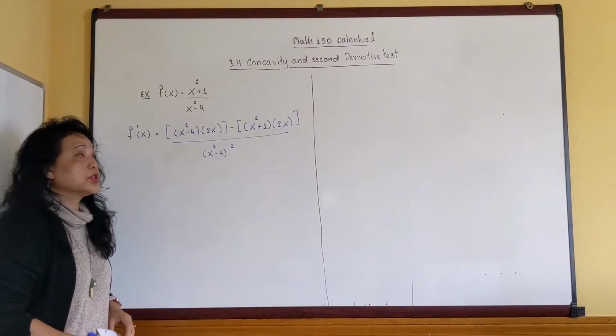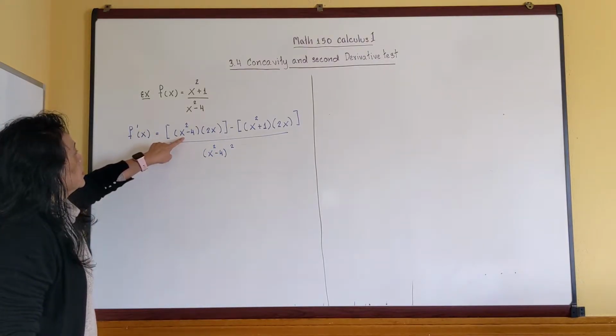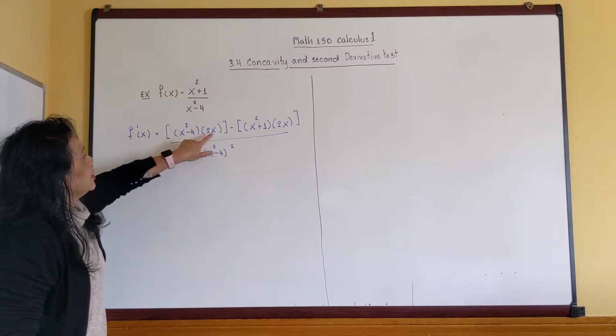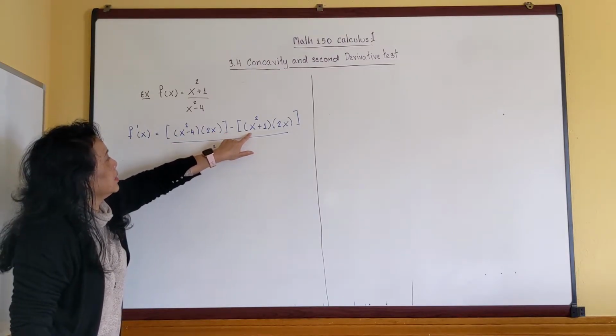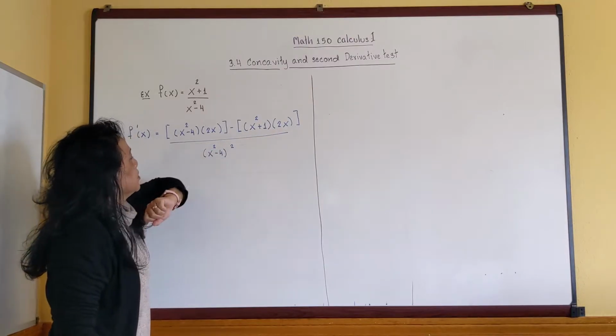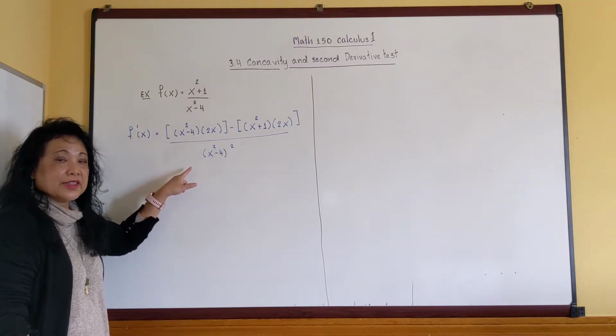So I use the quotient rule: denominator times derivative of numerator, minus numerator times derivative of denominator, over denominator squared.